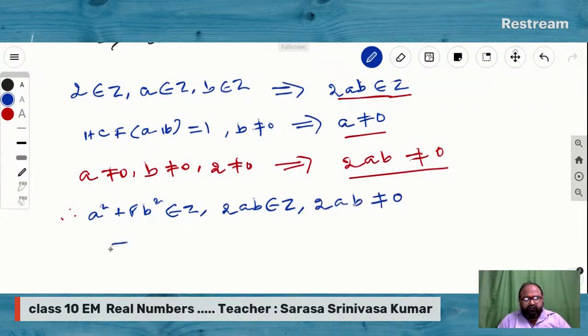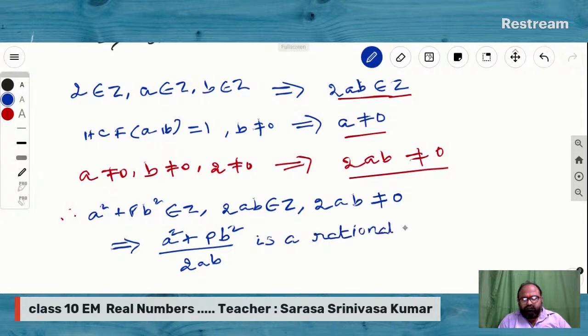From this we can conclude that a square plus pb square upon 2ab is a rational number.